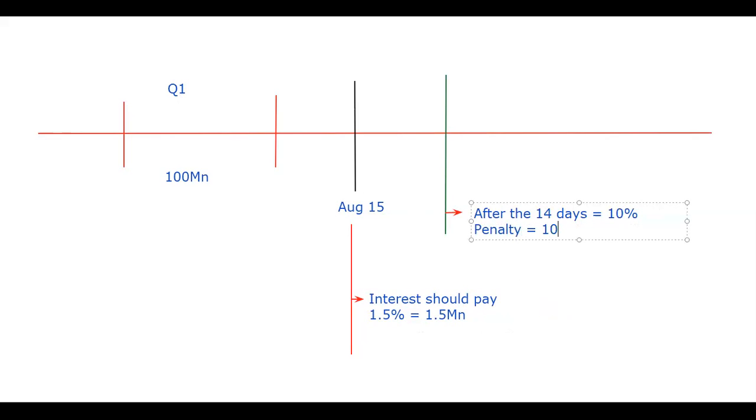It is 10 million. Let's say the person is paying after 14 days. When is the date? August 15 is the due date. From August 15, 14 days gets to August 29.